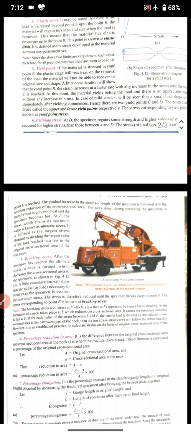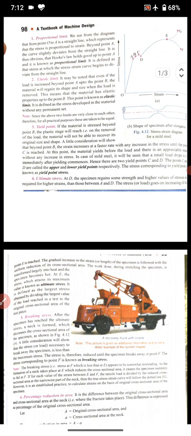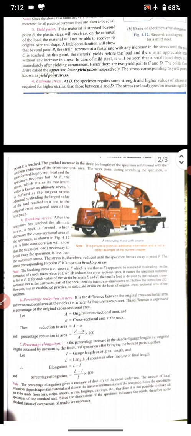I wish to discuss point G. You may see in the stress strain curve that point G is the true stress strain value.